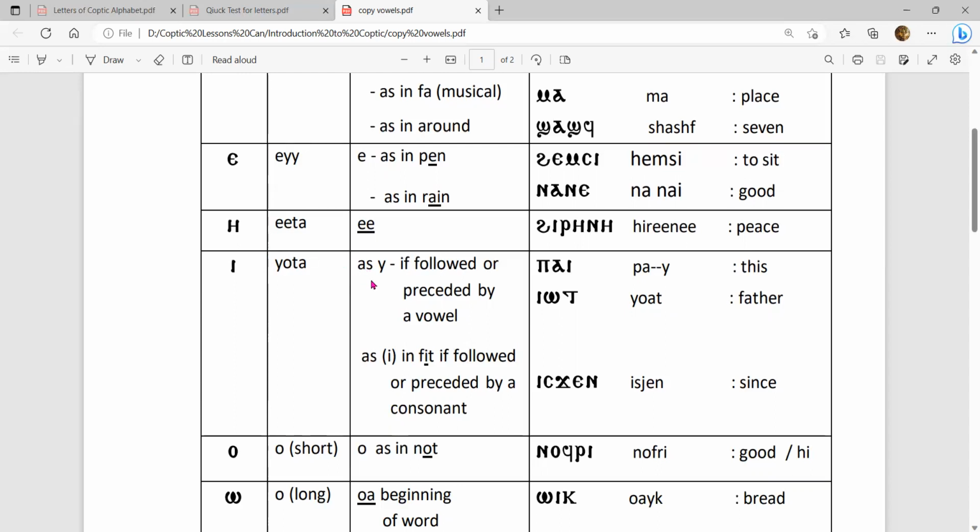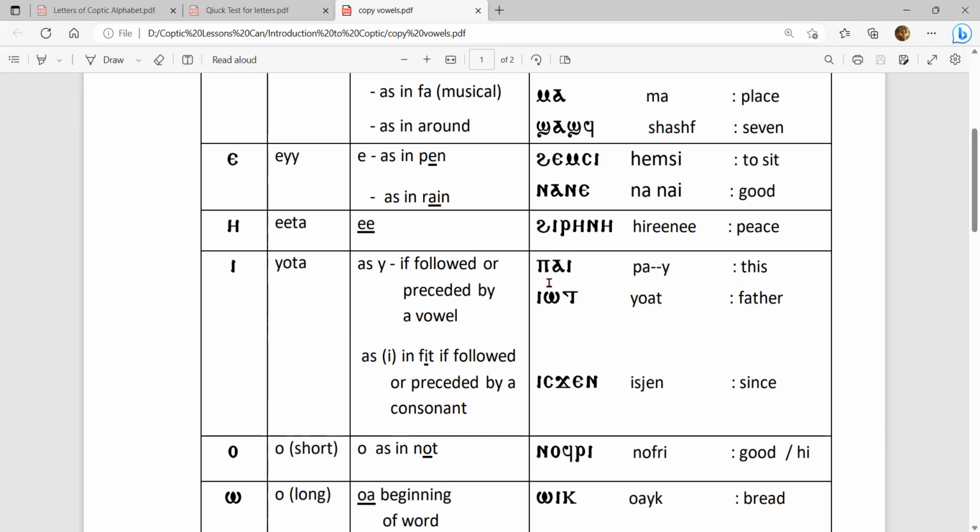One is like a Y if followed or preceded by a vowel. Yes, if followed or preceded by a vowel. So, the first one is preceded.